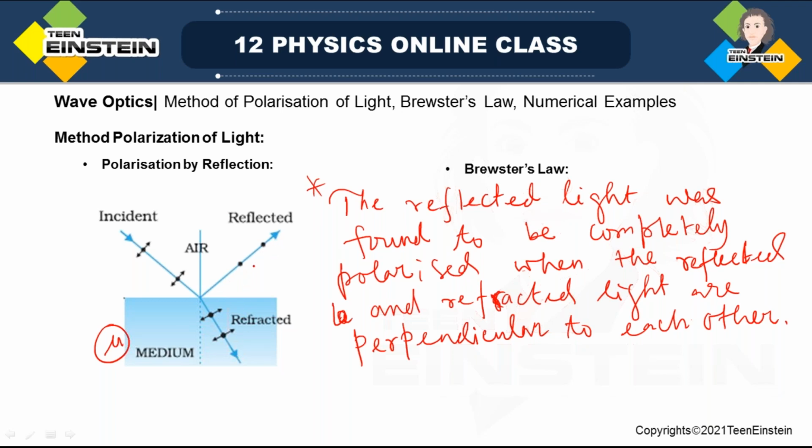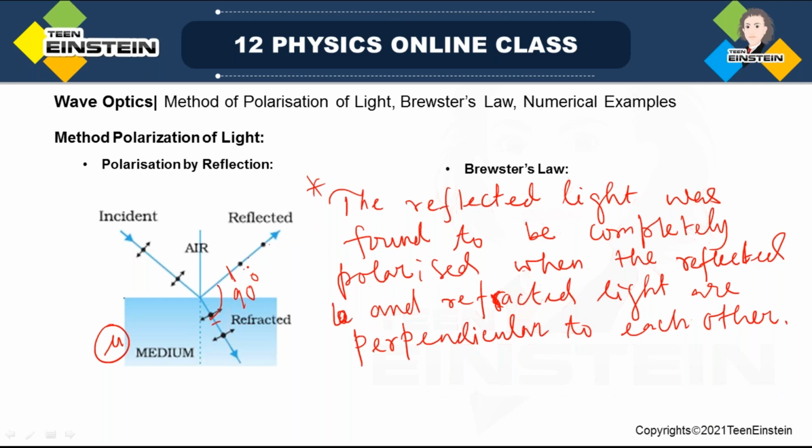The reflected light was partially polarized, but there is a particular situation when the reflected ray and the refracted ray make an angle of 90 degrees. In that situation, as you see from here, the reflected ray will be completely polarized.